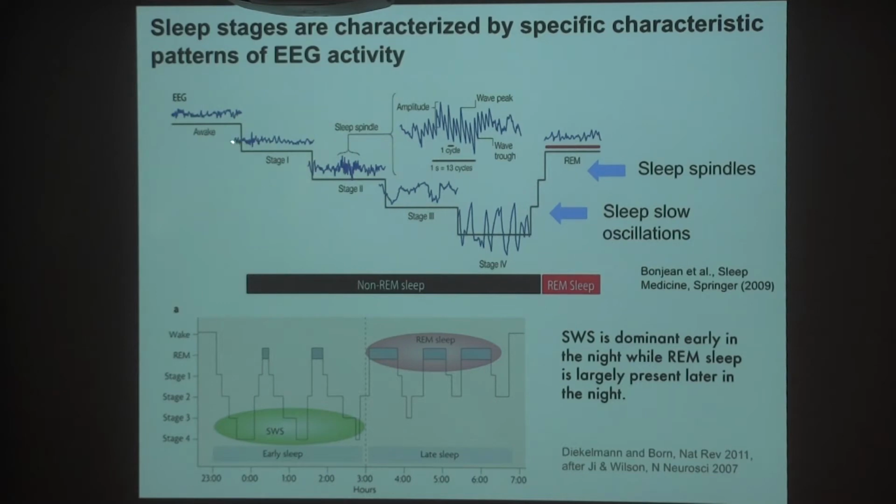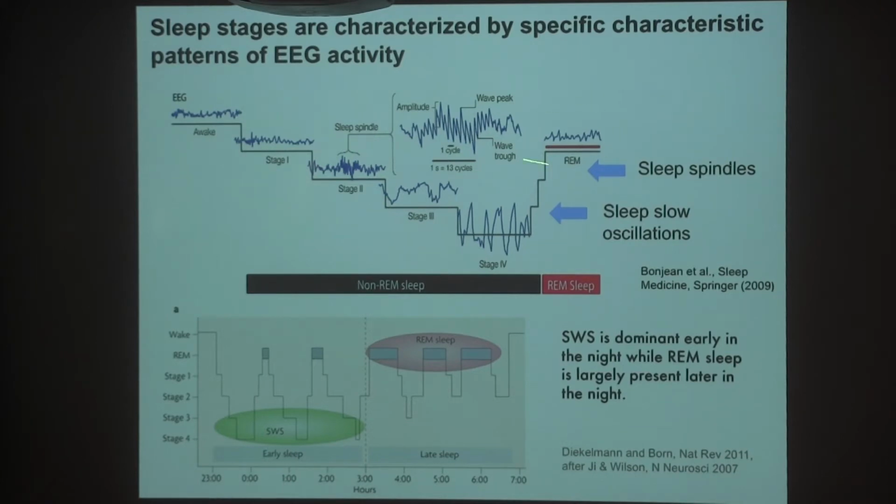The brain goes through stages, now combined as stage 1, stage 2, and stage 3. Stage 3 is deep sleep. Stage 2 and stage 3 together are called non-rapid eye movement sleep, non-REM sleep.